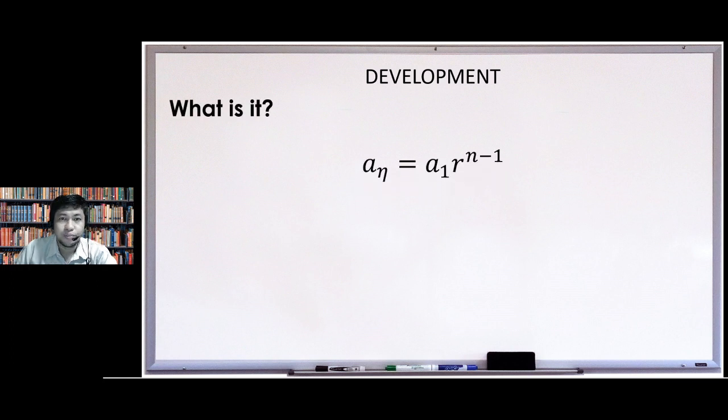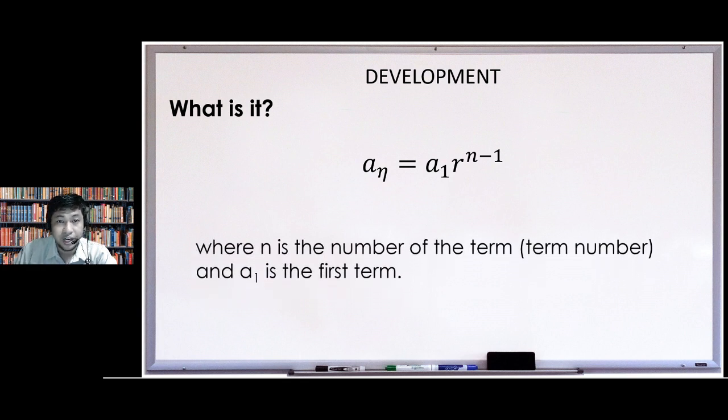So what is that formula? The formula is a sub n is equal to a sub 1 times r, or the common ratio, raised to the quantity n minus 1, where n is the term number, and a sub 1 is the first term.